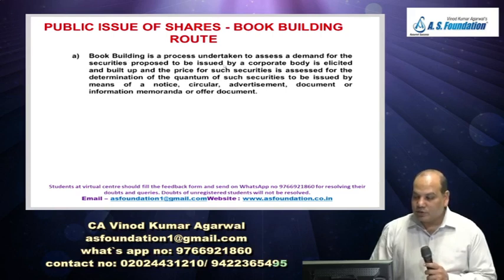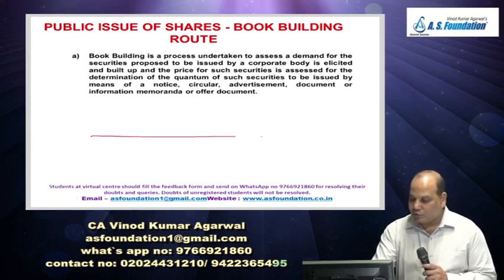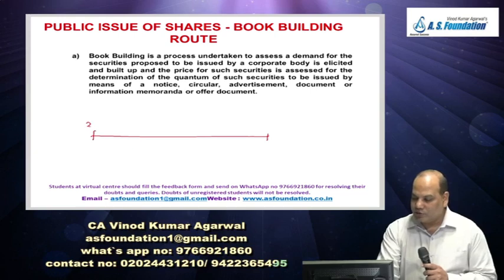Book building is a process undertaken to assess the demand for the securities proposed to be issued by a corporate body. So the company will give you an option, a range. Those who want to purchase within this range can bid. Nowadays it is very easy on the internet.